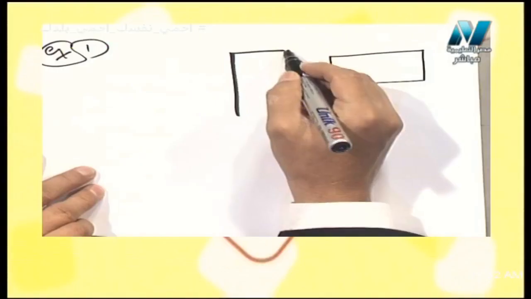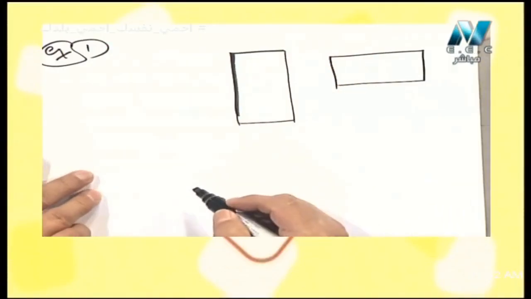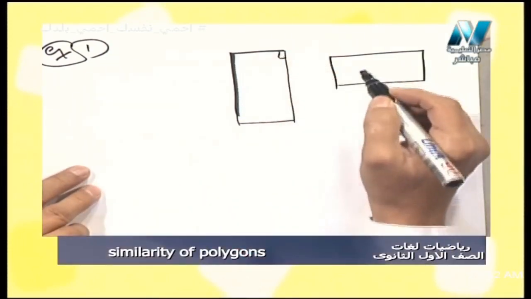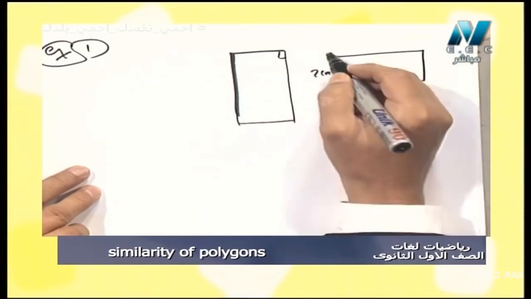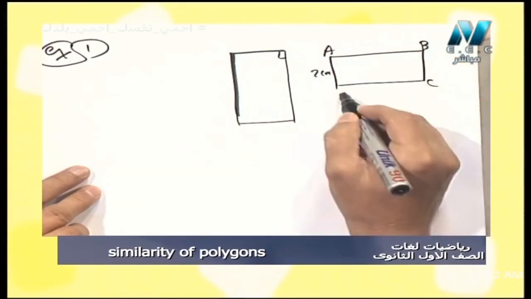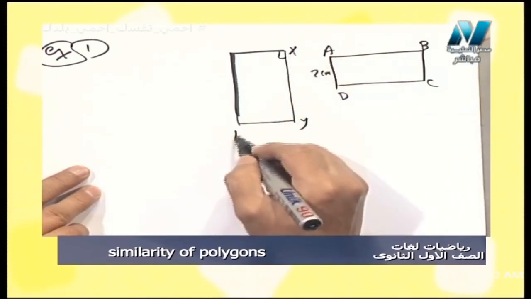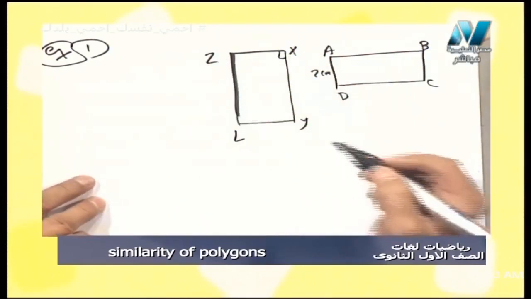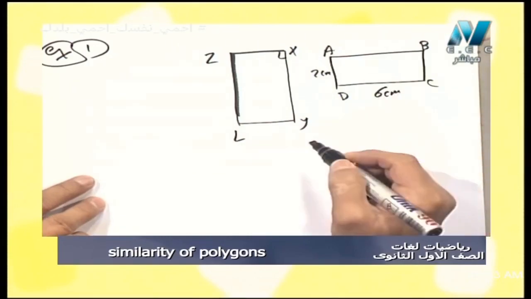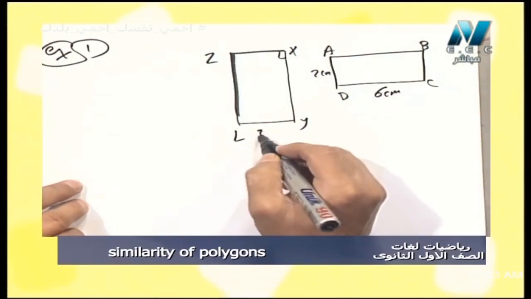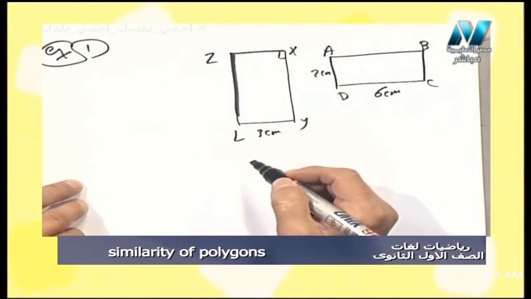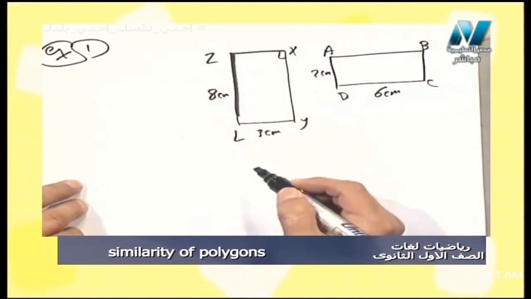If we have a rectangle like that and another one like that, two rectangles, and we have 2 centimeters here, say AB, CD, XY, LZ, and 6 centimeters for DC, and here 3 centimeters for LY, and 8 centimeters for ZL.